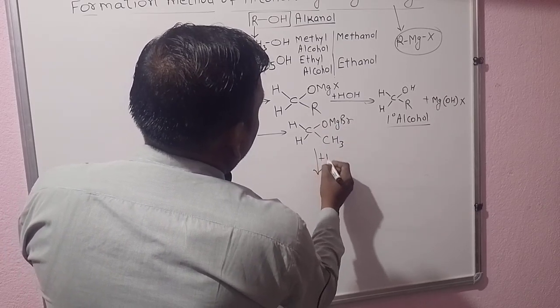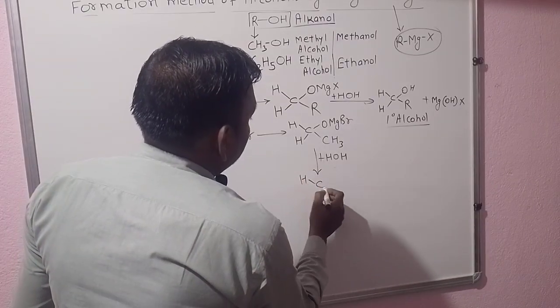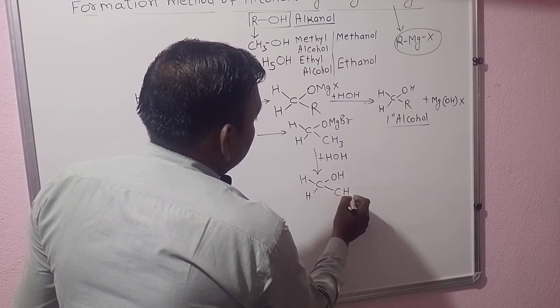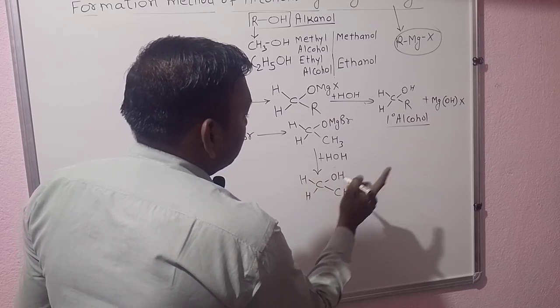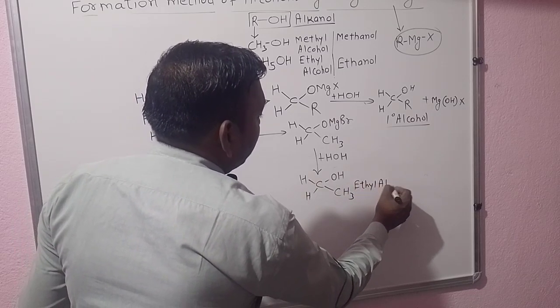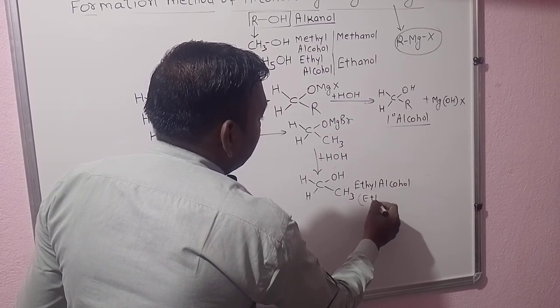After hydrolysis, it will convert into HCHOH, and here is also CH3. You see here, this is CH3CH2OH. This is your 1 degree alcohol and its name is ethyl alcohol. Another name, or IUPAC name, is ethanol.